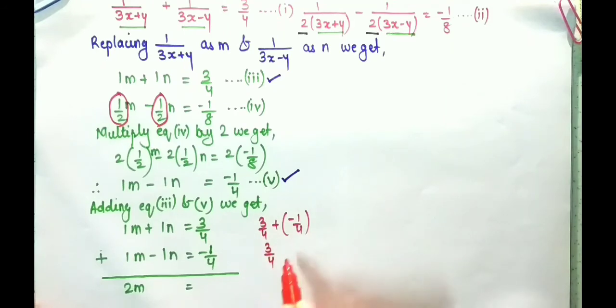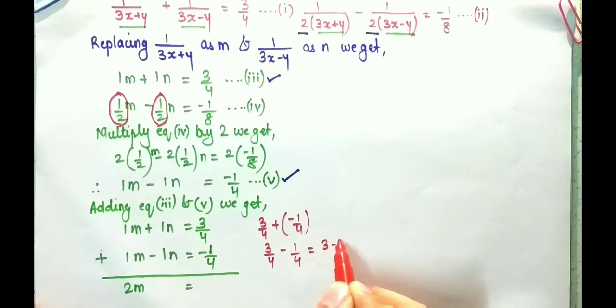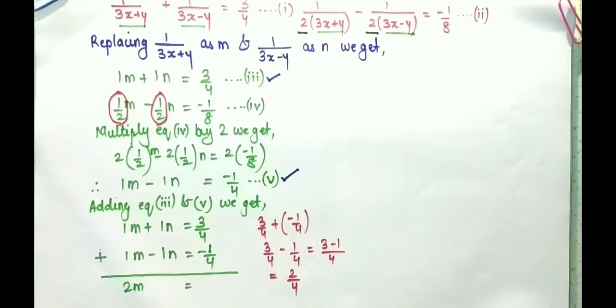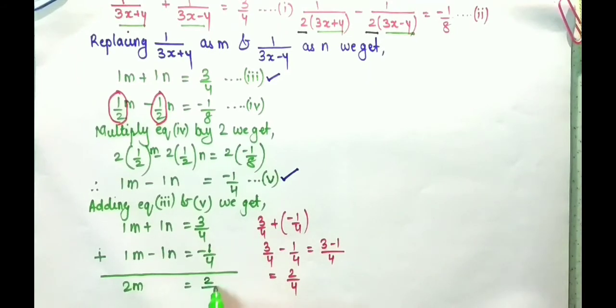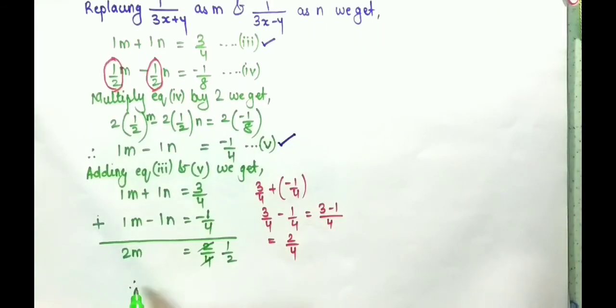While opening the bracket, the minus comes out and we get 3 upon 4 minus 1 upon 4, which gives me 3 minus 1 upon 4, since the denominator is common, which gives me 2 upon 4. Since 2 upon 4 can further be reduced, I will be reducing it to 1 upon 2. Therefore, m is equal to 1 upon 4.